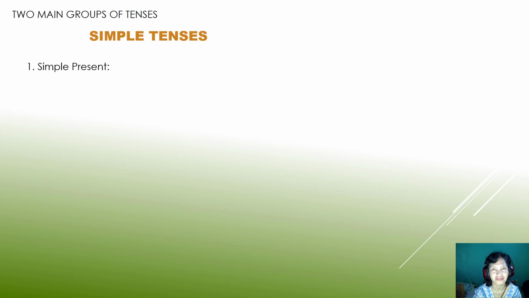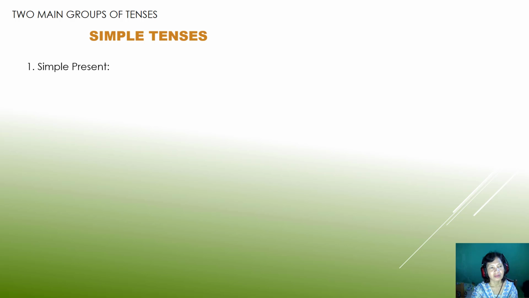No, this is wrong. Because, as I told you before, the tenses are grouped into two: simple and continuous. So, when you mention the name of a tense, you cannot say simple present continuous, but you have simple present or present continuous. They are separated.